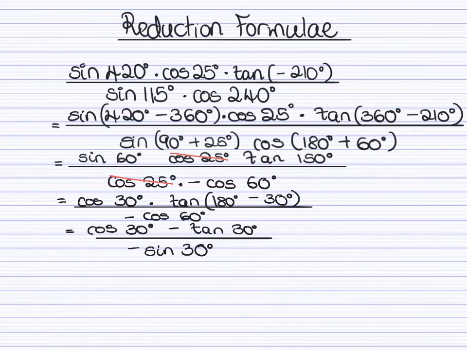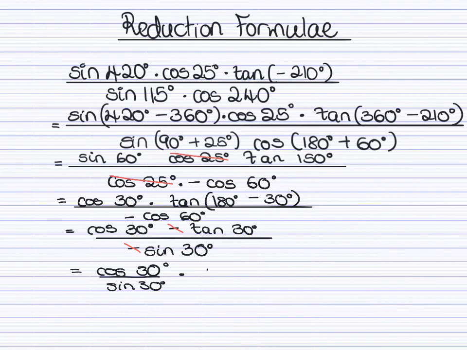now I see that I have a negative in the numerator and a negative in the denominator. These two then become a positive. Right. Tan 30 degrees, that's an example of a fundamental identity. So I can, in essence, rewrite this as cos 30 degrees divided by sine 30 degrees, right?